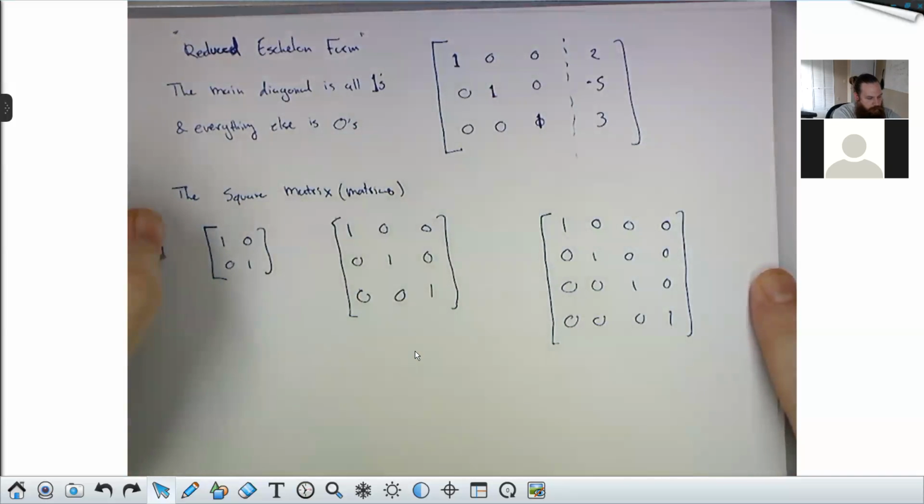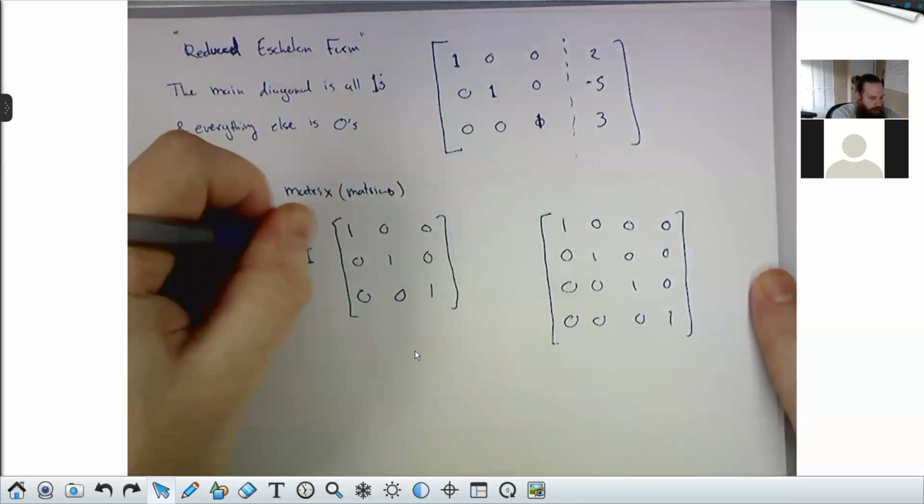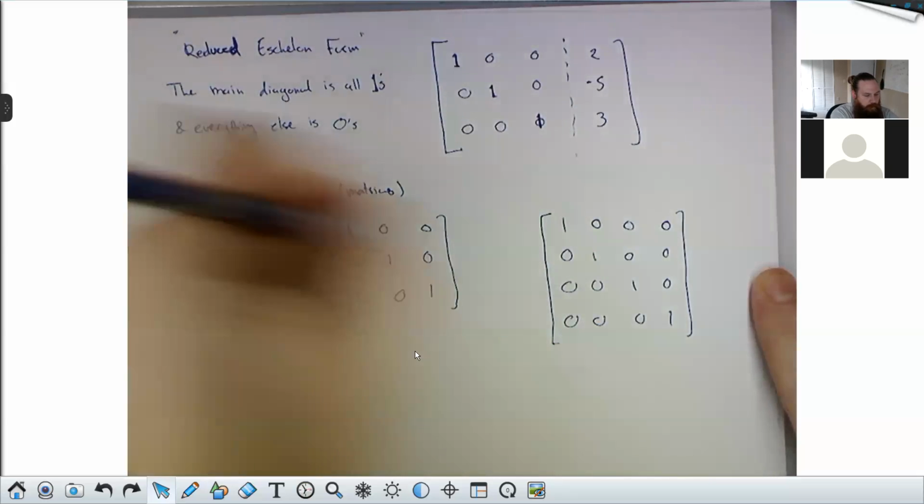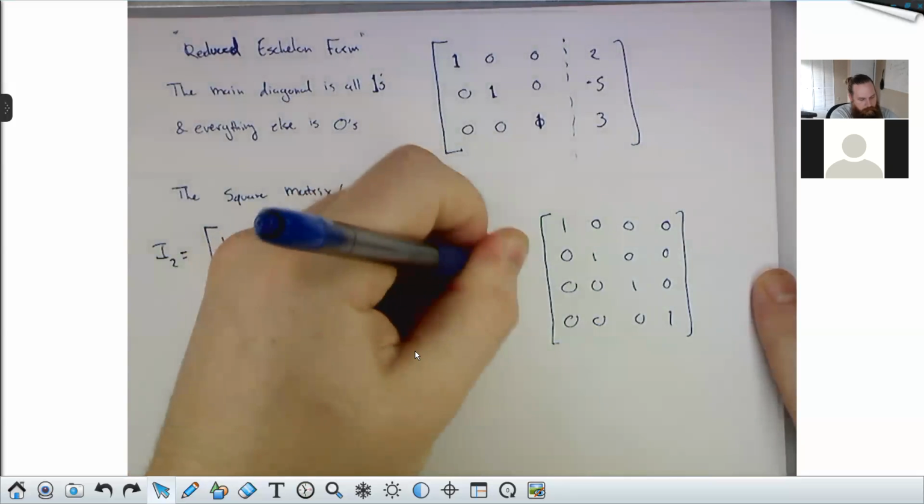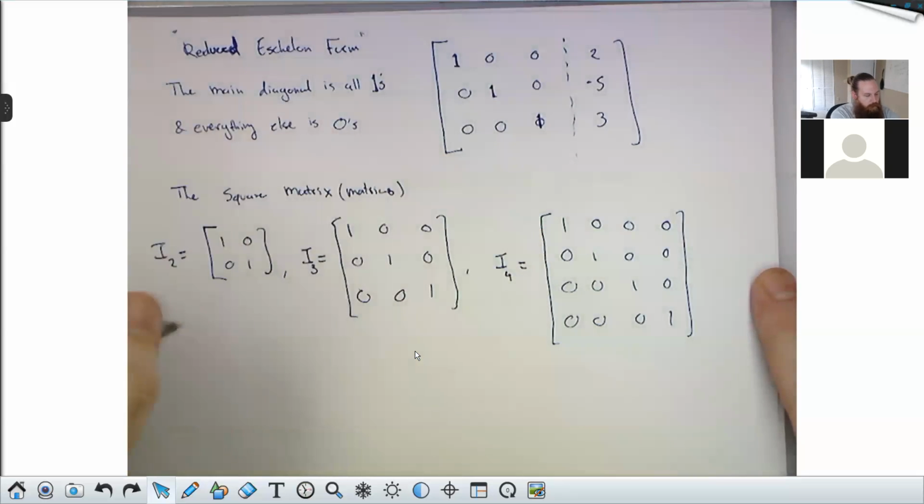these are special. This one is called I2. This one is called I3. This one is called I4. These are called identity matrices.